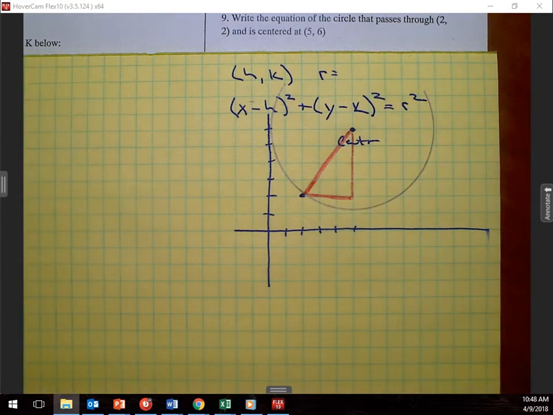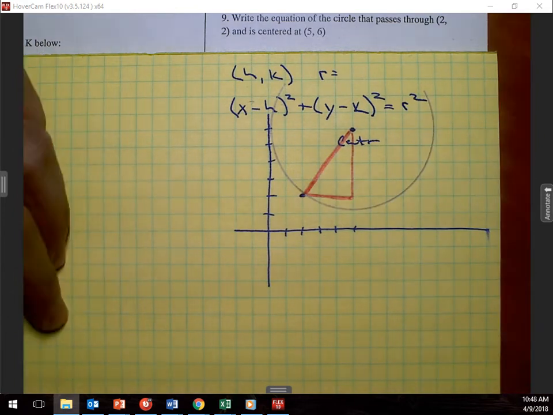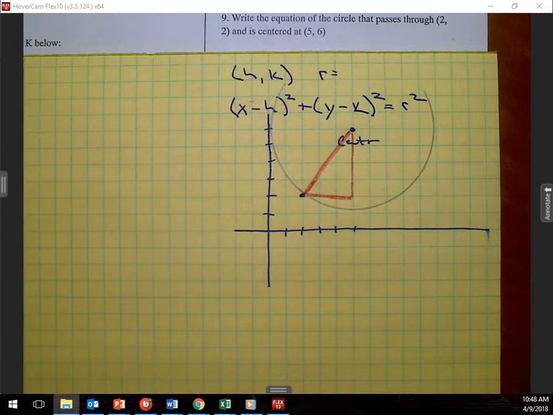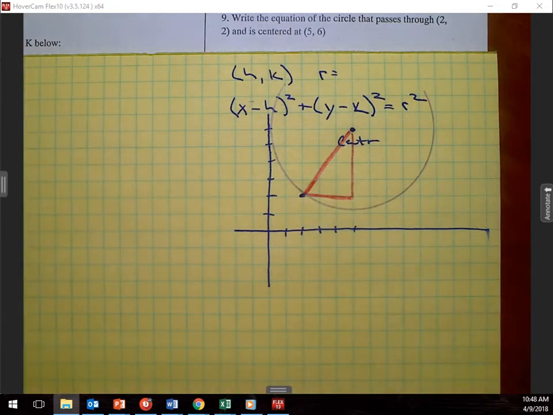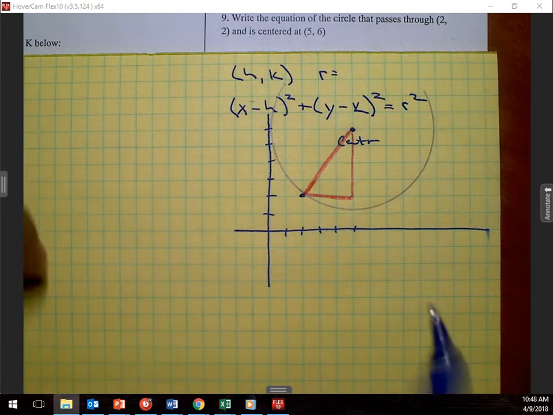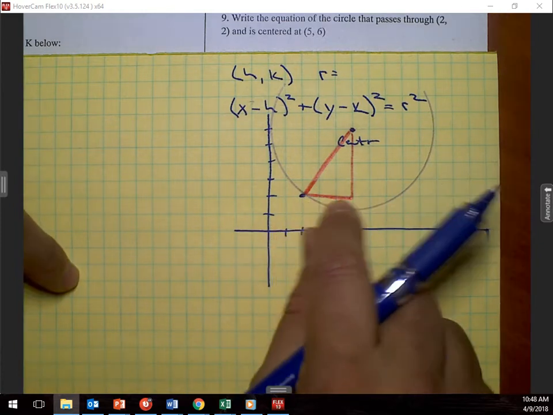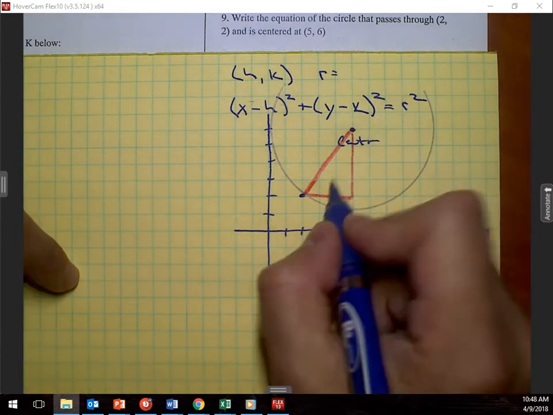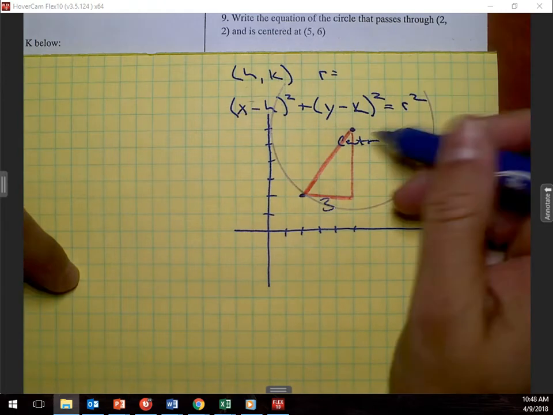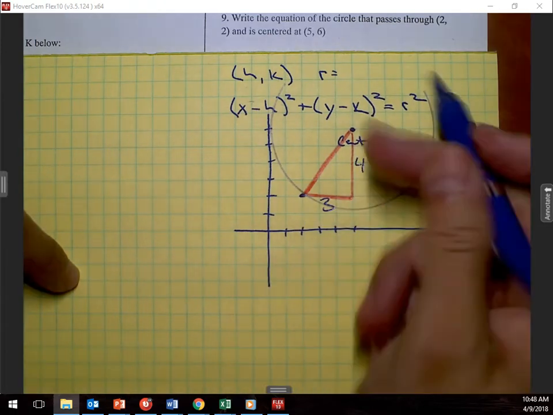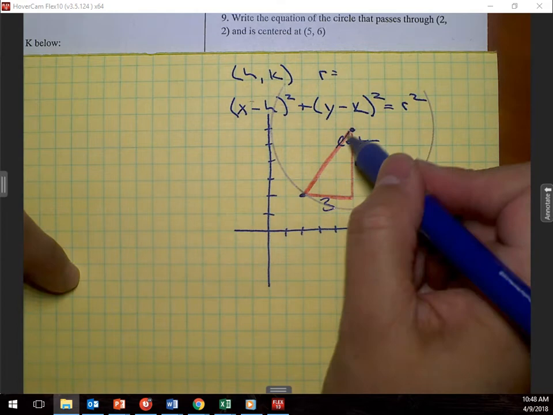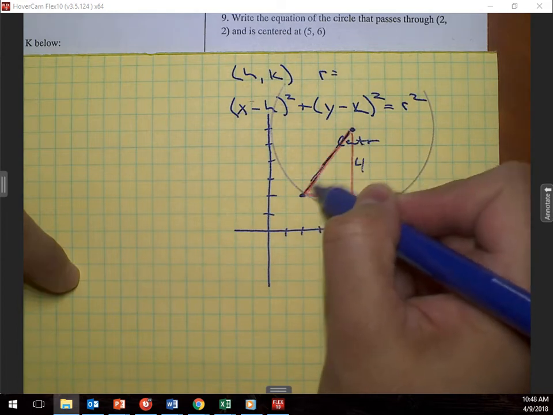So I'm making a right triangle out of it. So there's some information I have because it's a right triangle. What is my x value down here? How far is it down here? 3. How far is it here? 4. How would I find this value right here, which is going to end up becoming the radius?